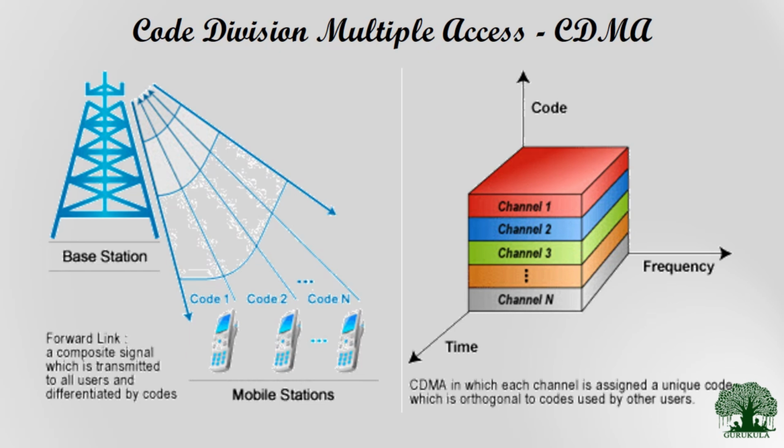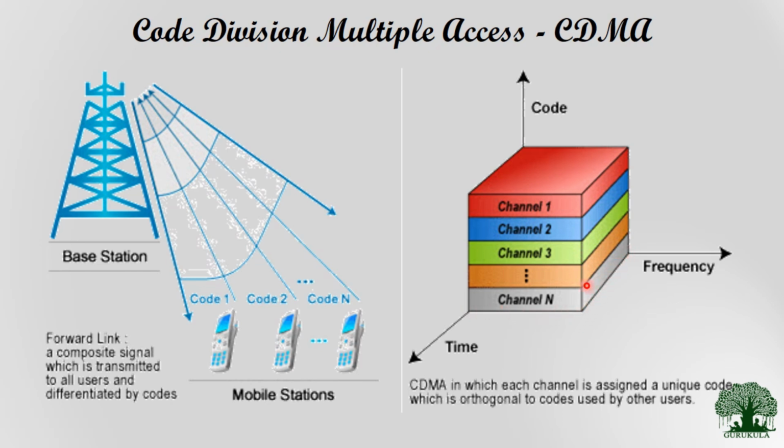When you look at the pictorial diagram on the right hand side, you can see that the various users are differentiated with respect to code, so the users are not restricted with respect to frequency, meaning he can use the entire frequency spectrum that is available, and also he is not restricted on the time period, so he can use the entire frequency for the entire time period.